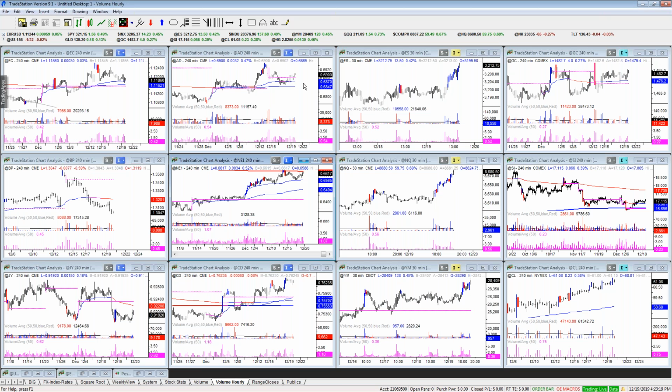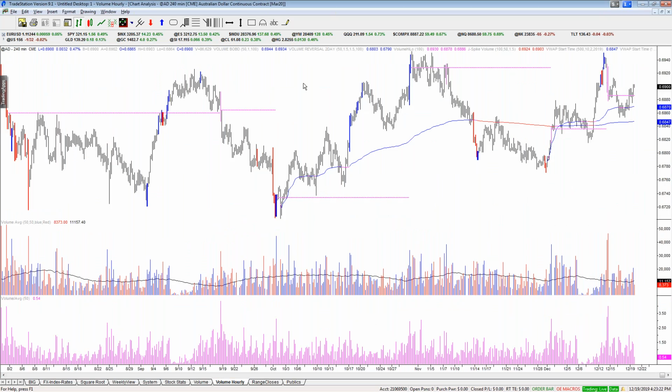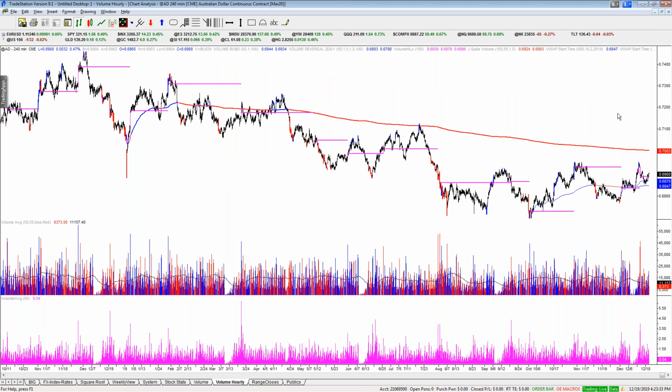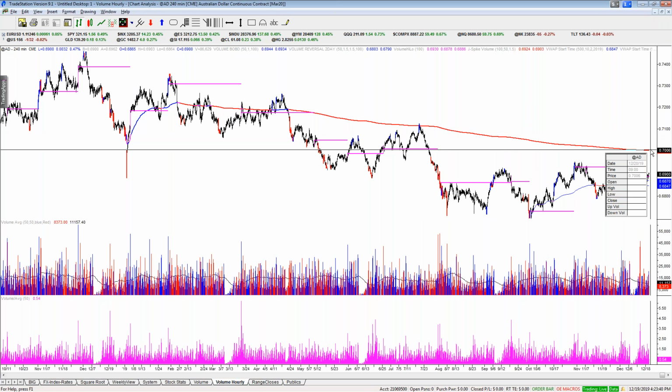But Aussie dollar, on the other hand, actually, with Aussie dollar, we actually held the December volume weighted average price on these lows, and the 2019 volume weighted average price, which was resistance all the way back in July, is way up here, right? So kind of love to get a tag of that.